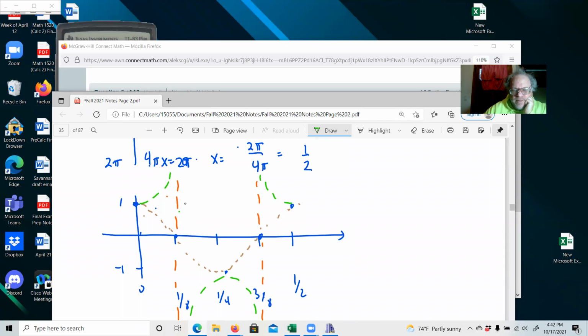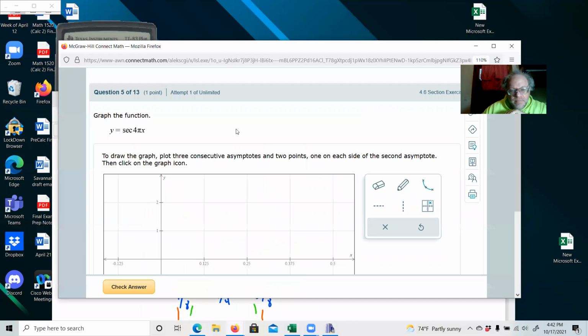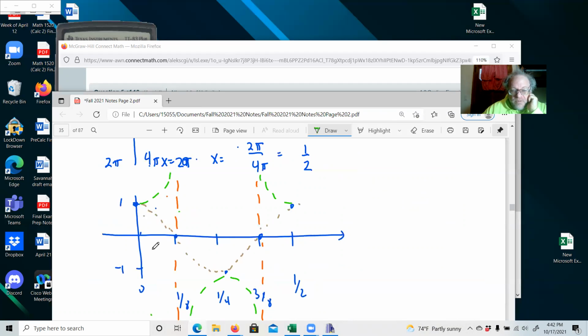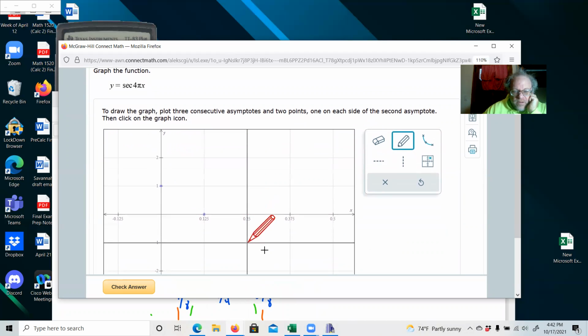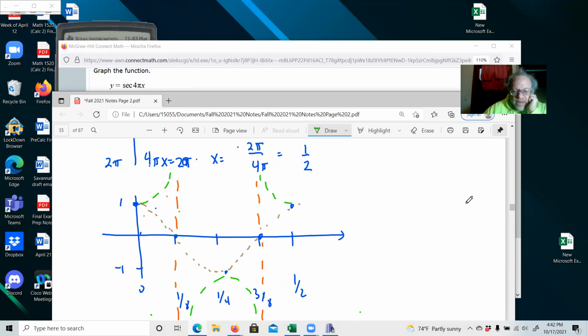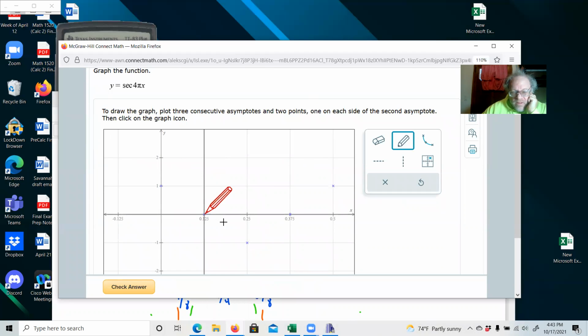That's the kind of drawing I want to recreate. What kind of values am I going to need? Well, I'm going to go from 0 to 1/2. So we're going to be here, here, here, here, and here. And that's my cosine. I can look at this and see a cosine.